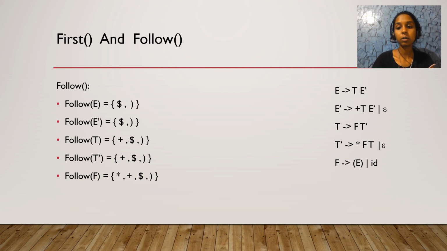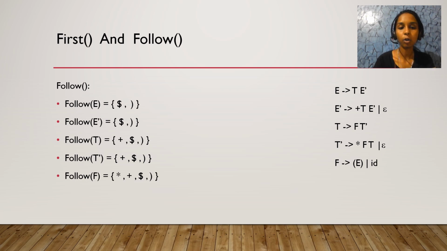When we have the epsilon symbol, we replace it with epsilon and consider the next symbols. Since we don't have any symbols here, the follow of T will be equal to follow of E dash, that is nothing but dollar and close parenthesis.